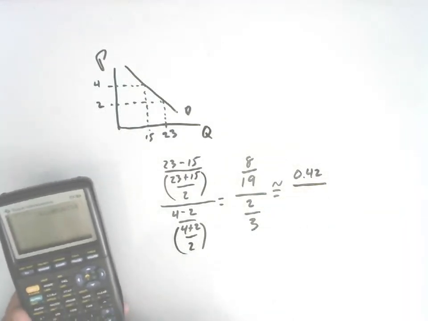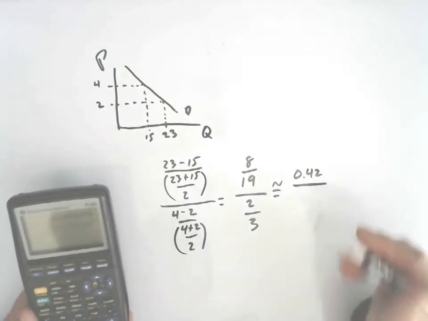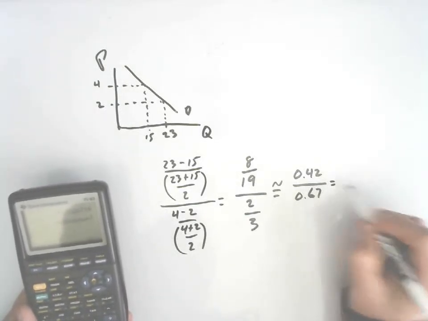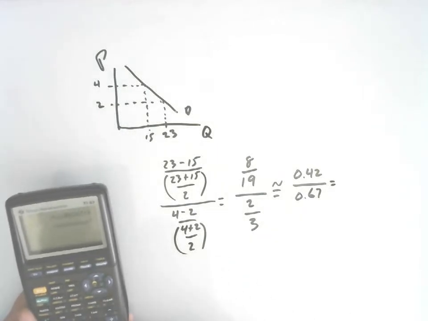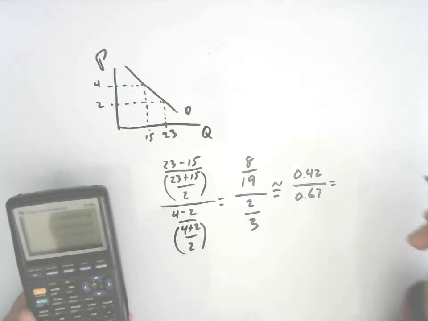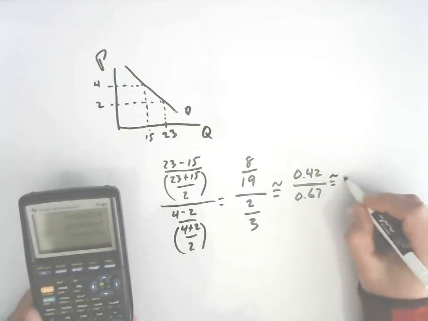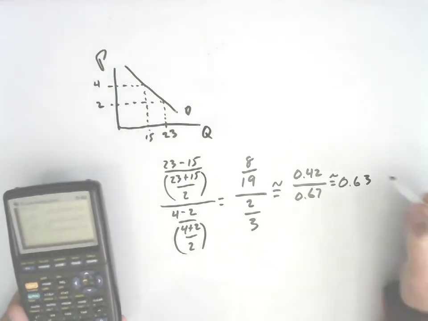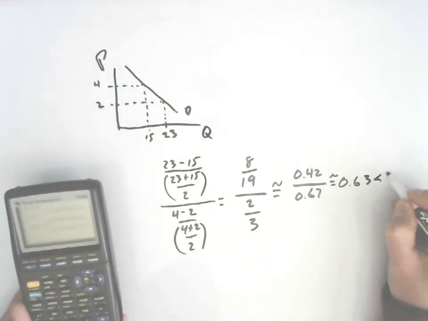That, of course, is divided by 2 divided by 3, which equals approximately 0.67, and we get 0.42 divided by 0.67 equals approximately 0.63.